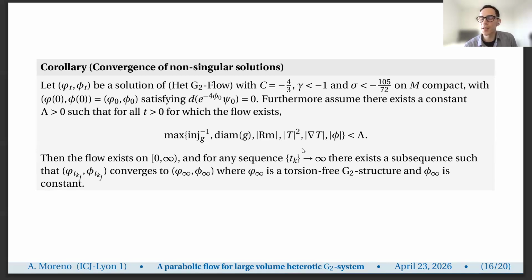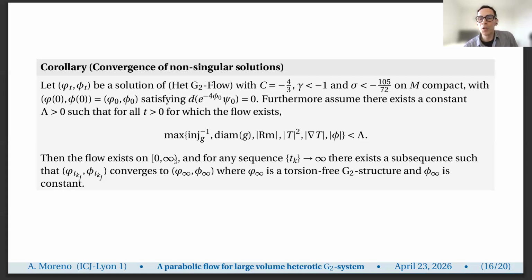Because of the short time existence, you will have a solution for short time, and the Shi-type estimates are going to allow you to extend the solution a little bit more. In some sense, if you have these bounds, using the Shi-type estimate, you can extend the flow to infinity. So you will have long time existence.